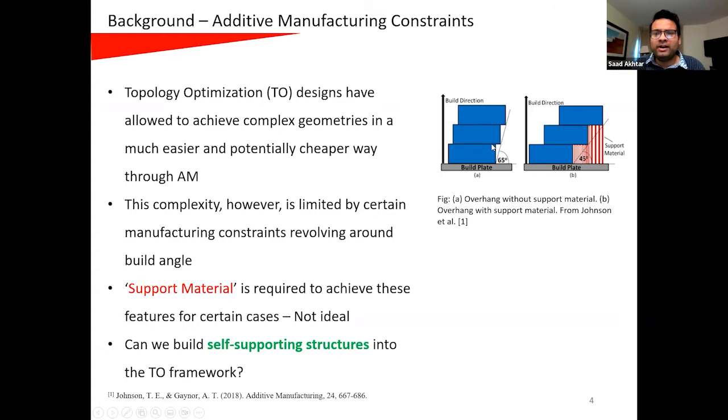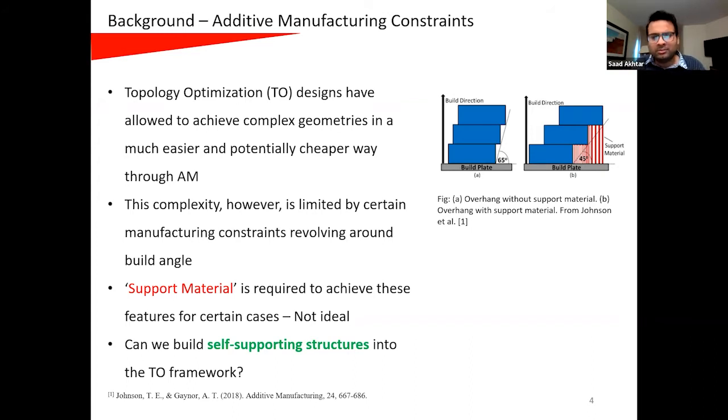By overhang, I mean that the part is curved so that gravity is acting on it as you move up the layer. Just to give those of you who don't have a background in additive manufacturing: additive manufacturing is a layer by layer process.